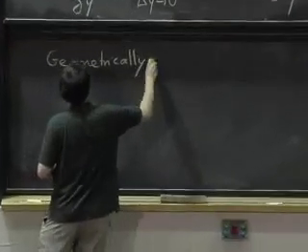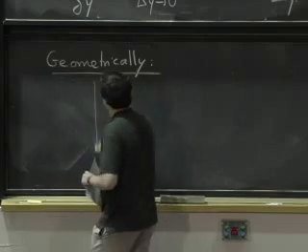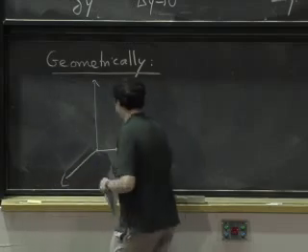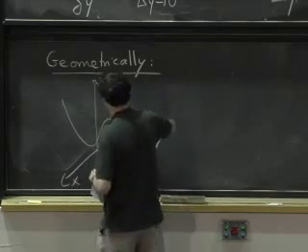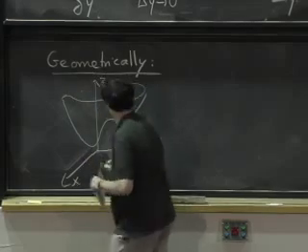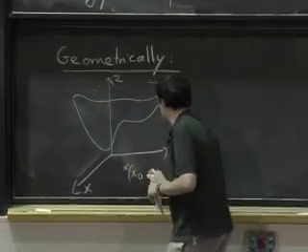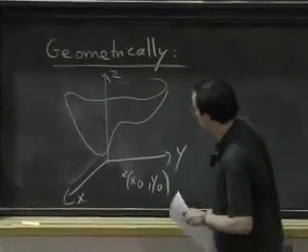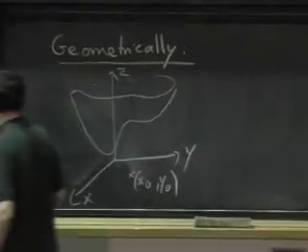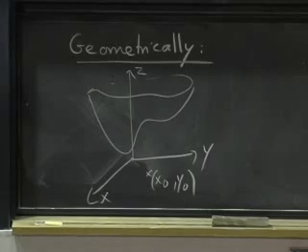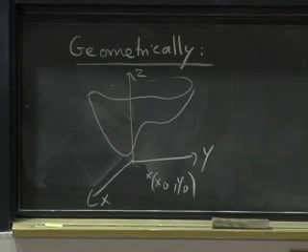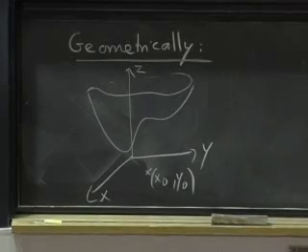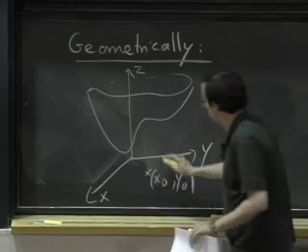Geometrically, my function can be represented by its graph. I fix some point (x0, y0). Then I ask myself what happens if I change the value of x, keeping y constant.